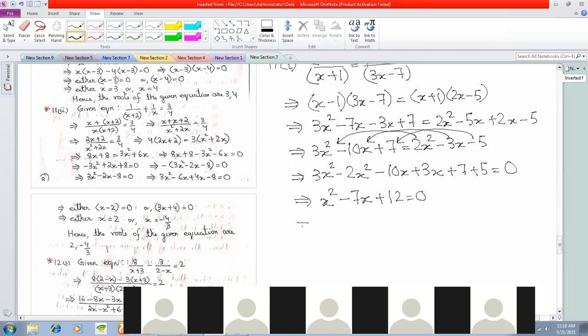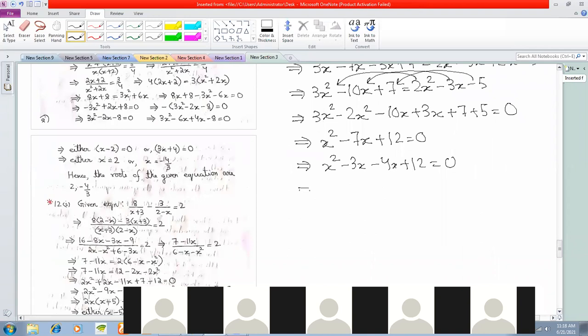So now 12 can be broken up as 3 and 4. So you get x square minus 3x minus 4x plus 12 is equal to 0. That means x into x minus 3 minus 4 into x minus 3 is equal to 0.